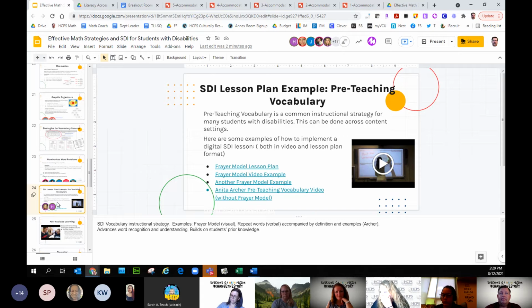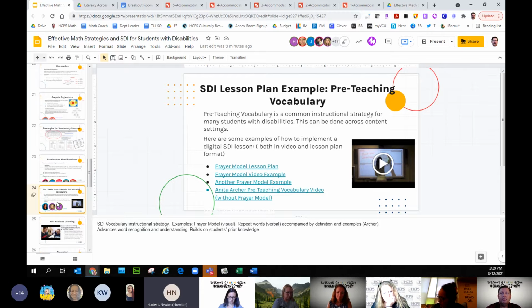So the first slide talks about pre-teaching vocabulary, and this can be used constantly throughout the year. There are a couple examples that were given. The Frayer model is more of a visual thing where you pull from each student's prior knowledge to determine what the definition is that works for them.